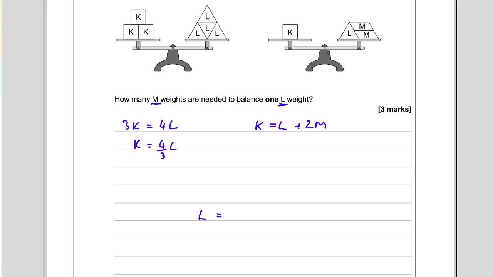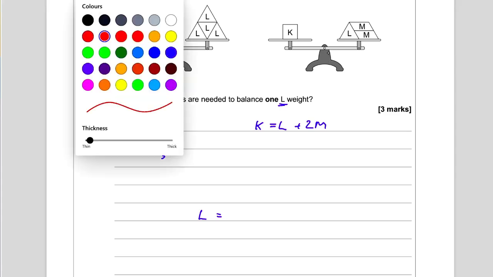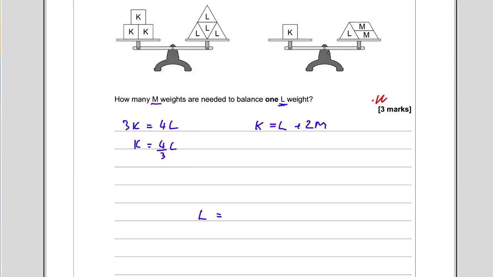So I'm going to say then that 4/3 of L is equal to L plus 2M. How I'm going to solve this, I'm going to times through by 3 to start with.